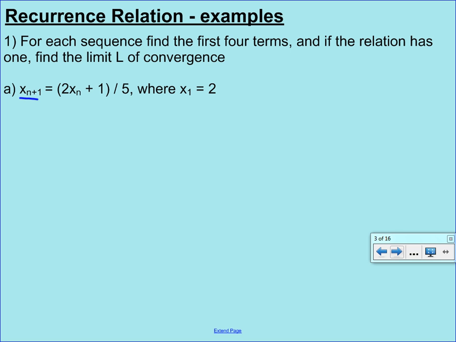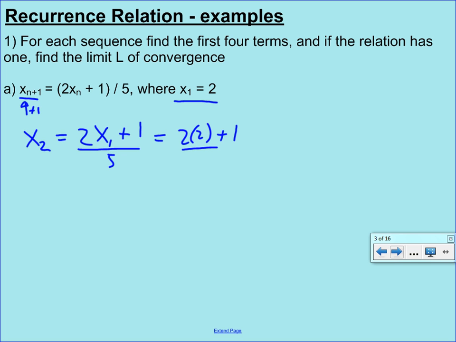I've got the first term, x1. Now I want to find the next term, which is x2. So x_(n+1), which is x2, equals 2 times the previous term, x1, all divided by 5. And this is how it would be written. We know that x1 is actually 2, so this is 2 times 2 plus 1 over 5, which is 1.